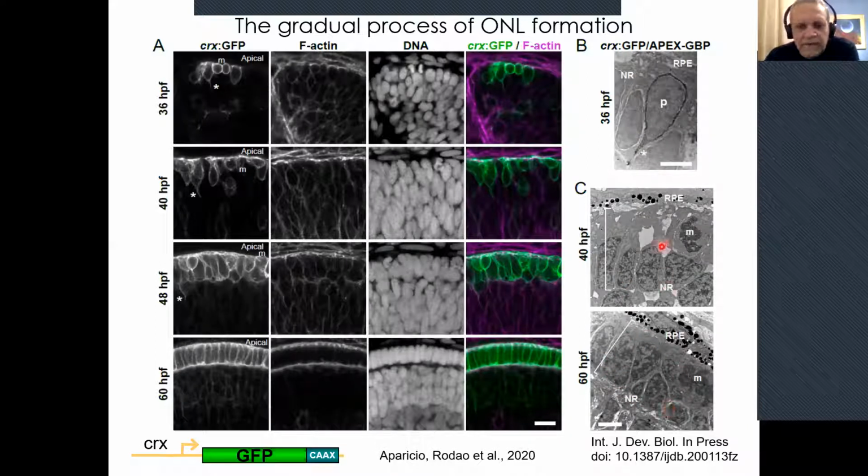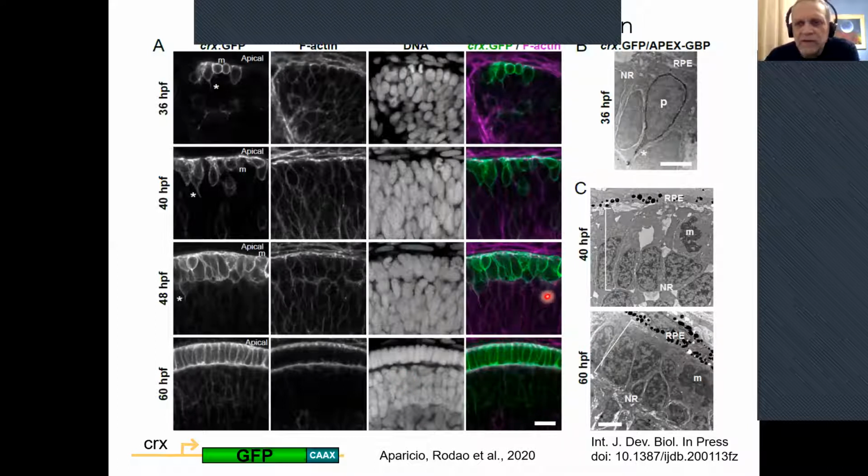Still, something very interesting is that you can see here mitotic figures, and we should still have dividing cells. These cells are still progenitors. They are not differentiated photoreceptors, and that's a very interesting thing.